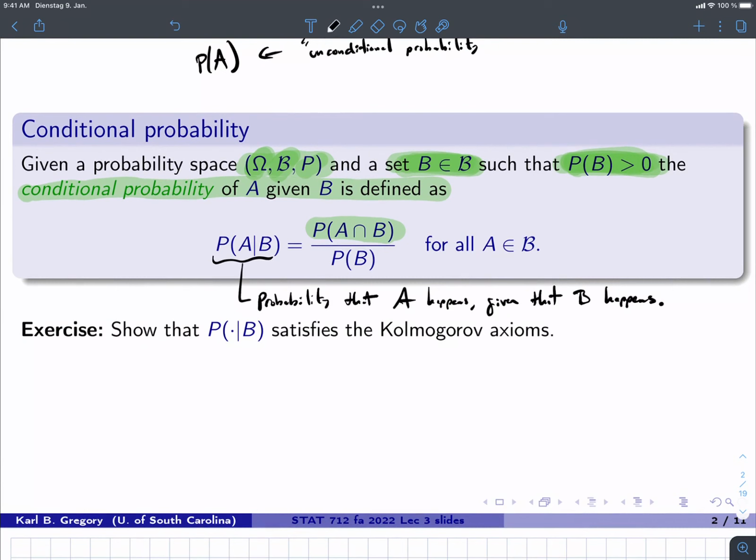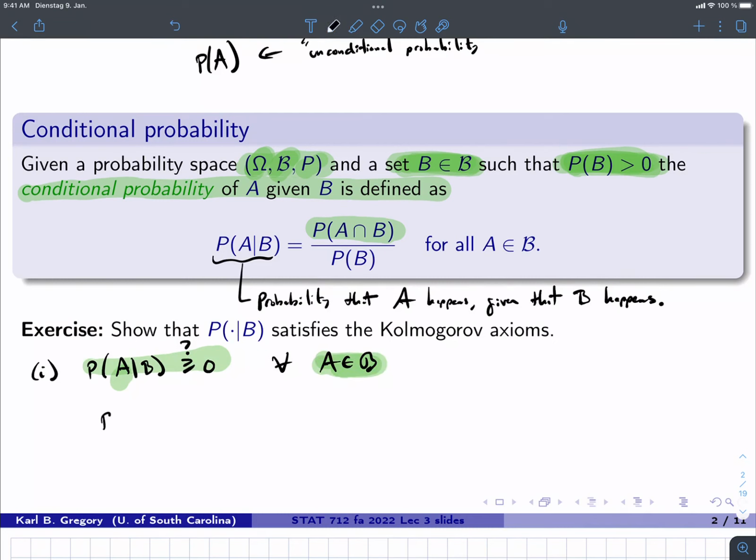Before we get into some examples of conditional probabilities we might want to compute, let's show that this new function, which takes sets and returns probabilities, actually satisfies these Kolmogorov axioms of probability. So the first one is I need to know whether I'm always going to get a non-negative number for any set A in the sigma algebra.